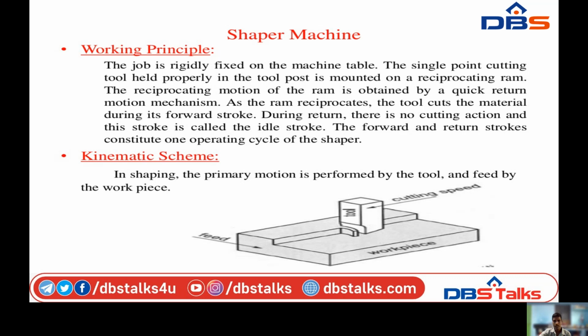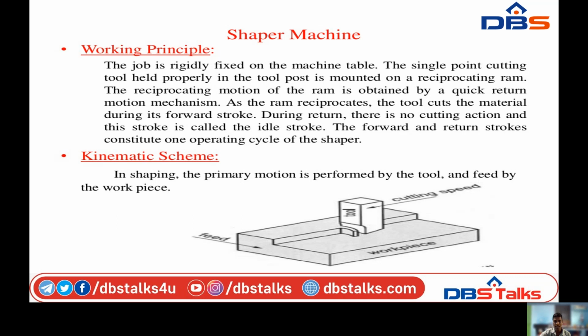The reciprocating motion of the ram is obtained by a mechanism. The mechanism we use in the shaper machine is called the quick return motion mechanism. Remember that in the shaper machine we use the quick return motion mechanism. By following it, the ram reciprocates from forward to return stroke.